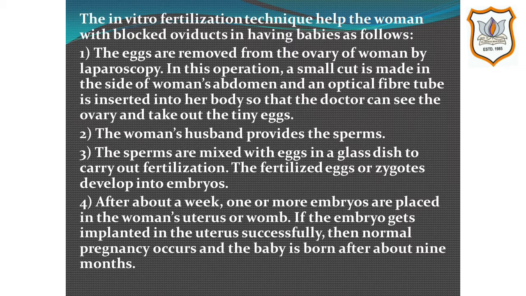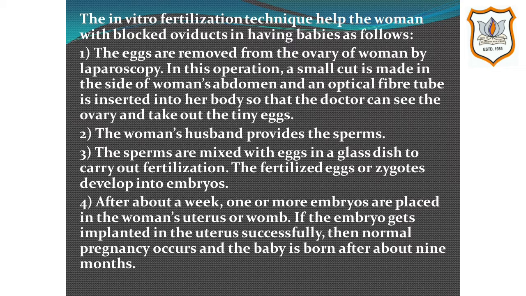Third step is the sperms are mixed with eggs in a glass dish or glass test tube to carry out fertilization. The fertilized egg or zygote develops into embryos. Fourth step is after about a week or more than a week, embryos are placed in the woman's uterus or womb.